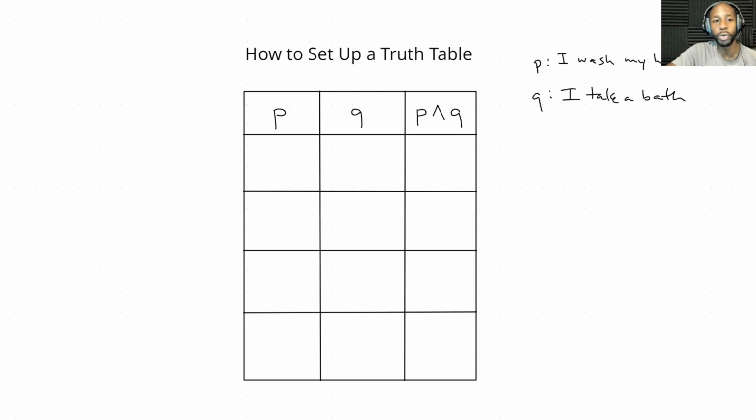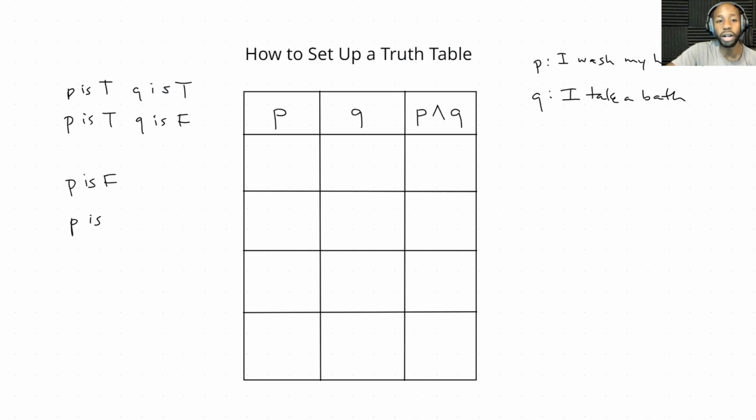So there's a situation where P is true and Q is true. There's a situation where P is true and then Q is false, right? So these are both of the situations where P is true. Now we need both of the situations where P is false, right?